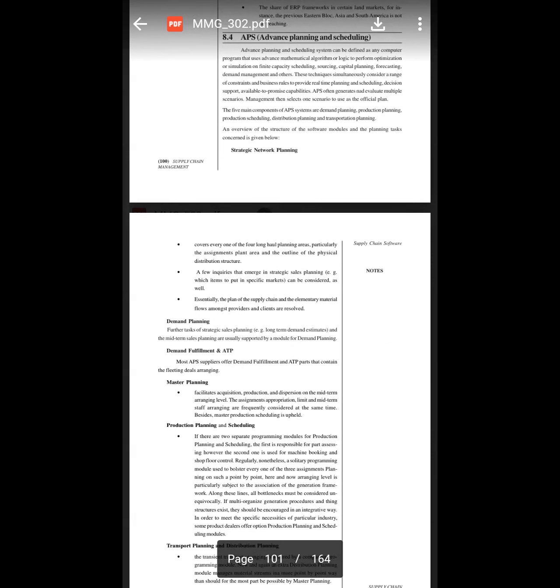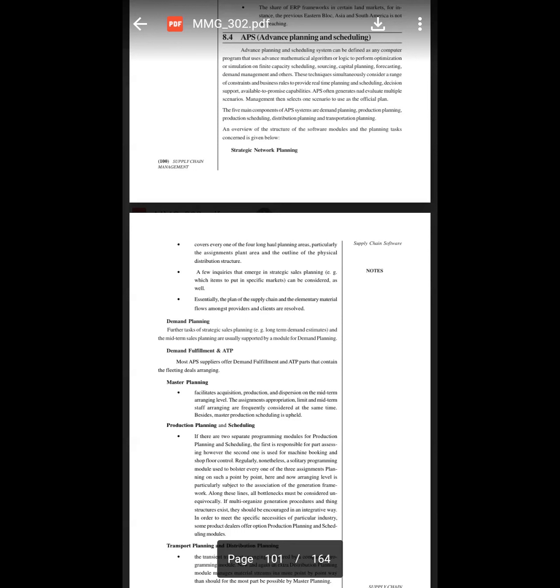Now this advanced planning and scheduling is also an important part of production activity. This APS system is helpful for demand planning, production scheduling, distribution planning, and transportation planning. These are all things we have learned earlier also, right?